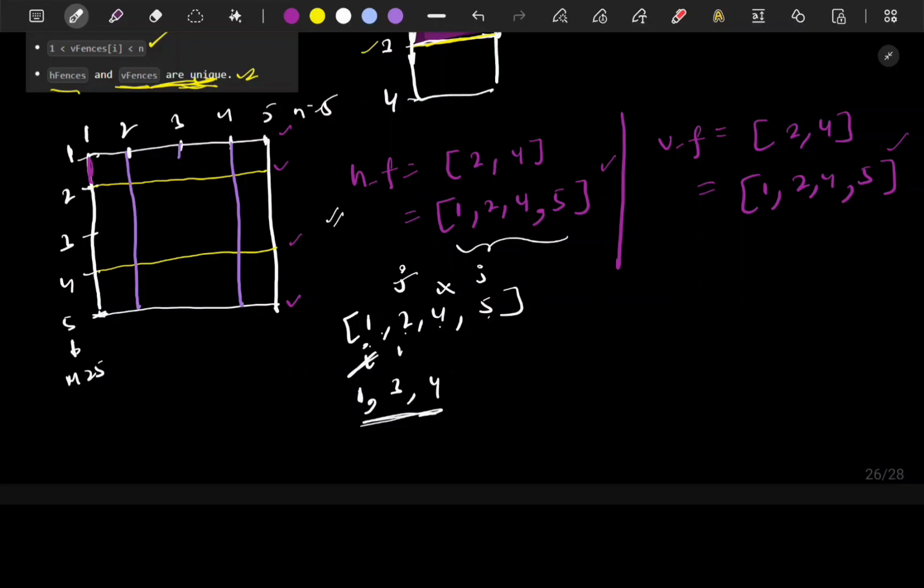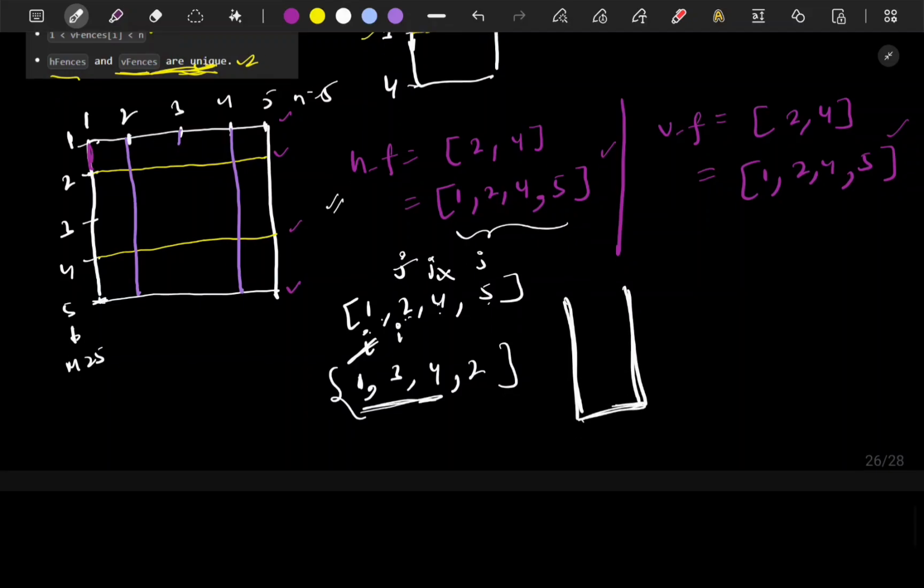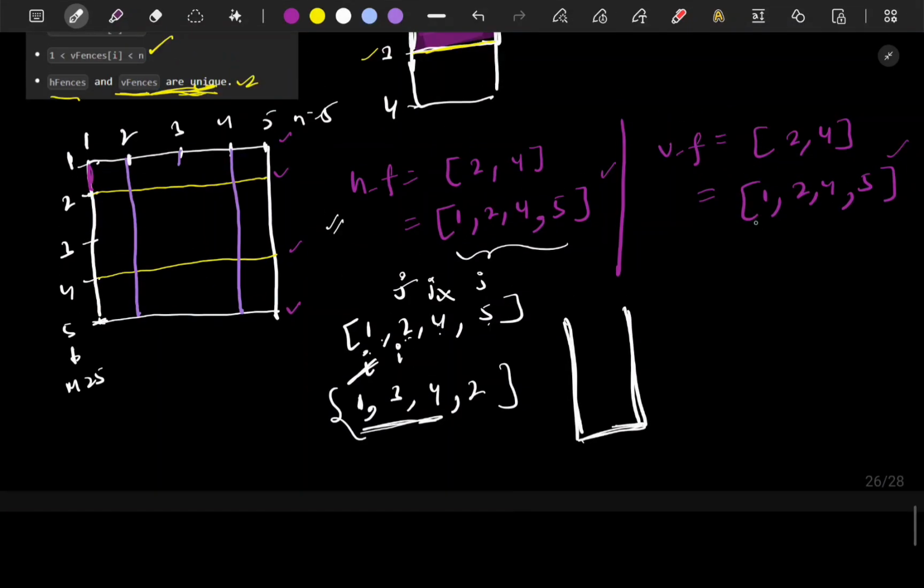Then we will increase our i here, and again repeat j from here. 4 minus 2 is 2, so a 2 length is possible. These values we will put in a set so that we get just unique lengths. In the same way we will do it with the vertical fence also.